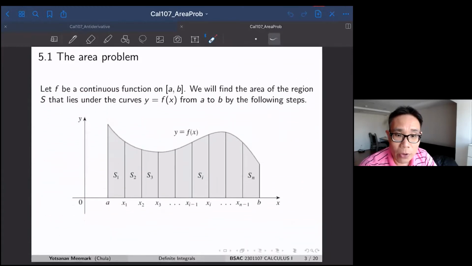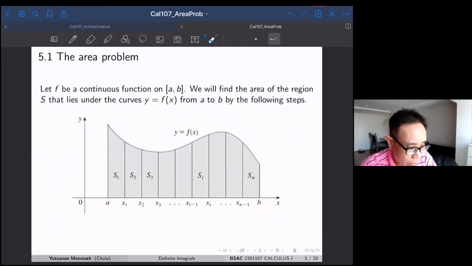So the area problem that I introduced to you before is about the curve y equals f(x) above the x-axis over the interval [a, b]. I introduced this one to you when we began studying this subject.